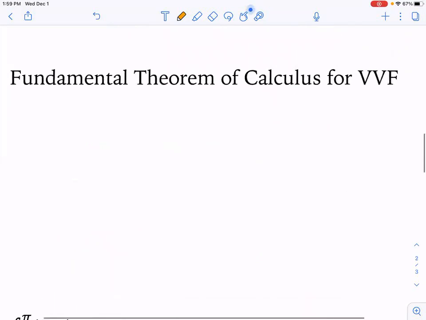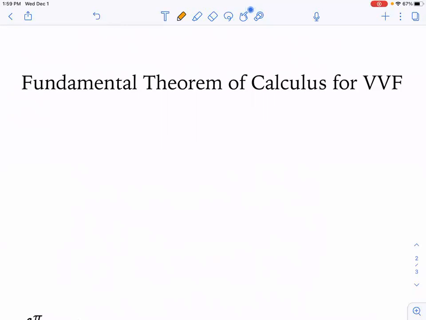What is the fundamental theorem of calculus? I'll put the derivative in here, just so it's easy for us to see.